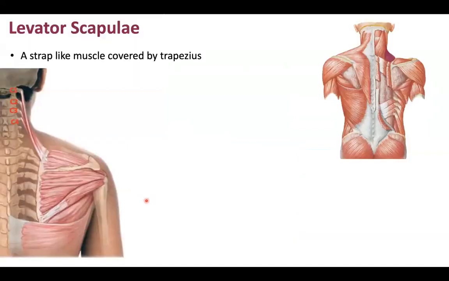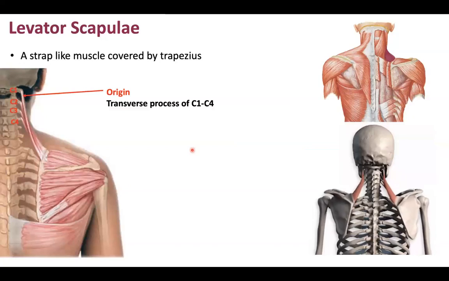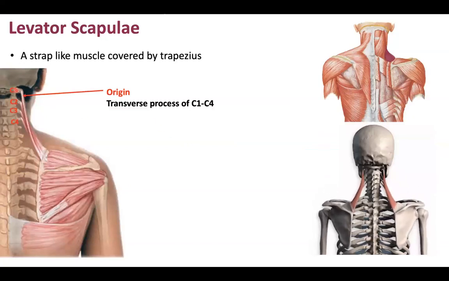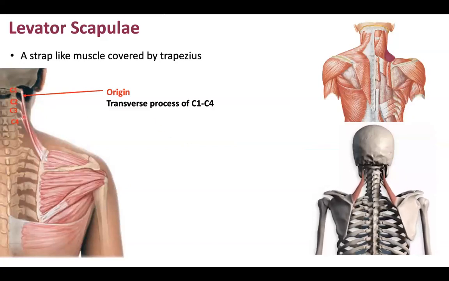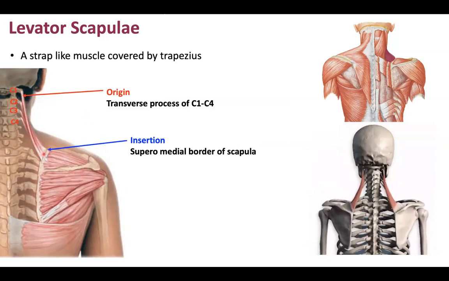The other muscle is levator scapulae. It's a strap-like muscle, completely covered by trapezius, so it lies under trapezius. As you see here, it originates from the transverse processes of C1 up to C4 and is inserted into the superior angle of the scapula.